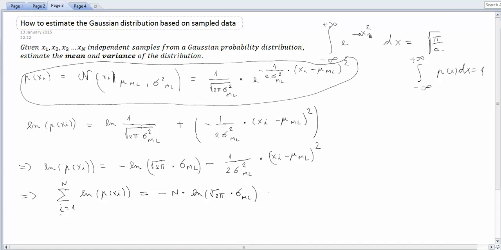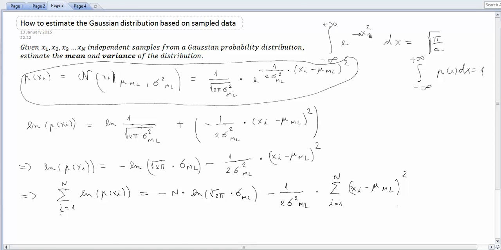and this term over here has no dependence on i, so I can just pull this term forward, multiplied by the sum from i equals 1 to n of xi minus mu maximum likelihood squared.